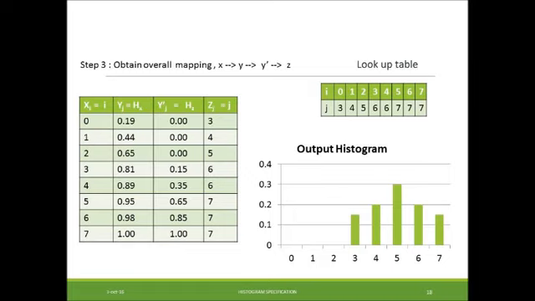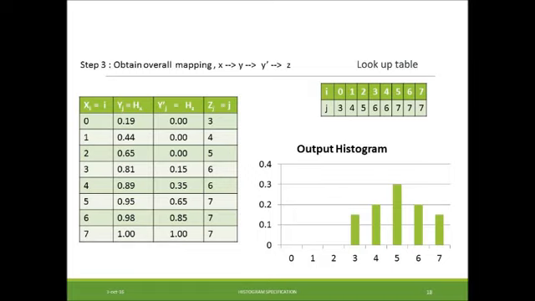In Hz, we can see that the closest value to 0.19 is 0.15. And the intensity value corresponding to 0.15 is 3. And that's why we put j equal to 3. So in the lookup table, corresponding to i equal to 0, we have j equal to 3.